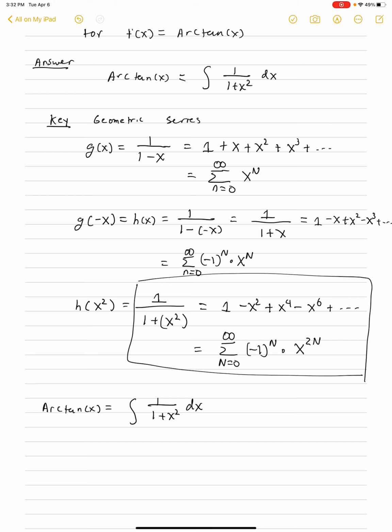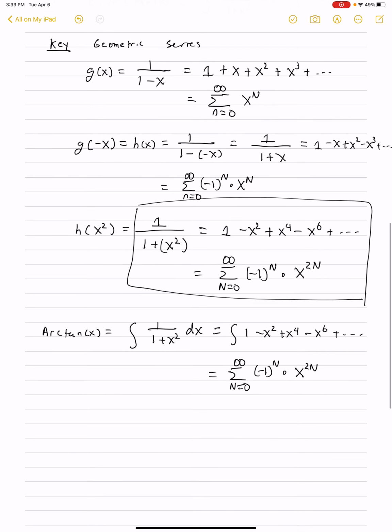and that is going to be equal to the integral of 1 minus x squared plus x to the 4th minus x to the 6th, and so on. Or I could just integrate each term, the summation from n equals 0 to infinity of minus 1 to the n times x to the 2n.